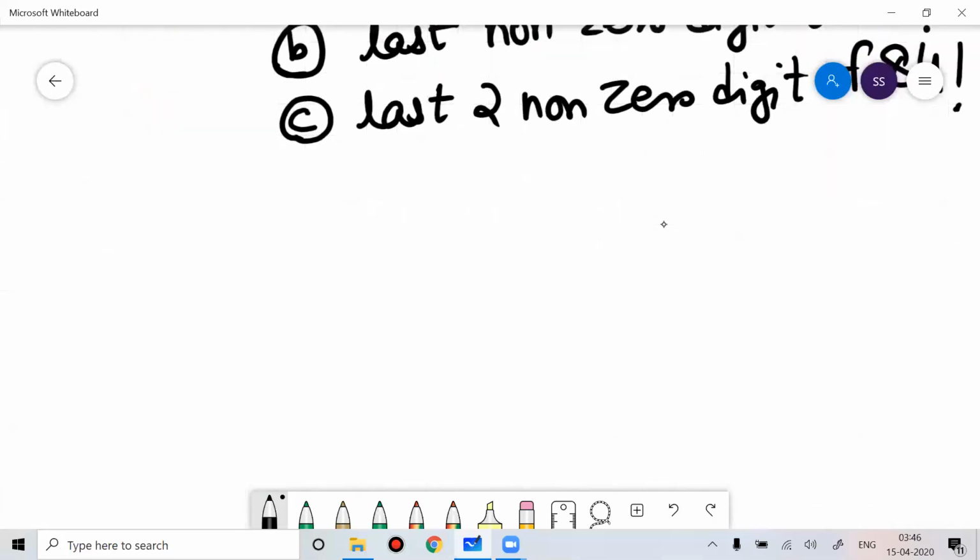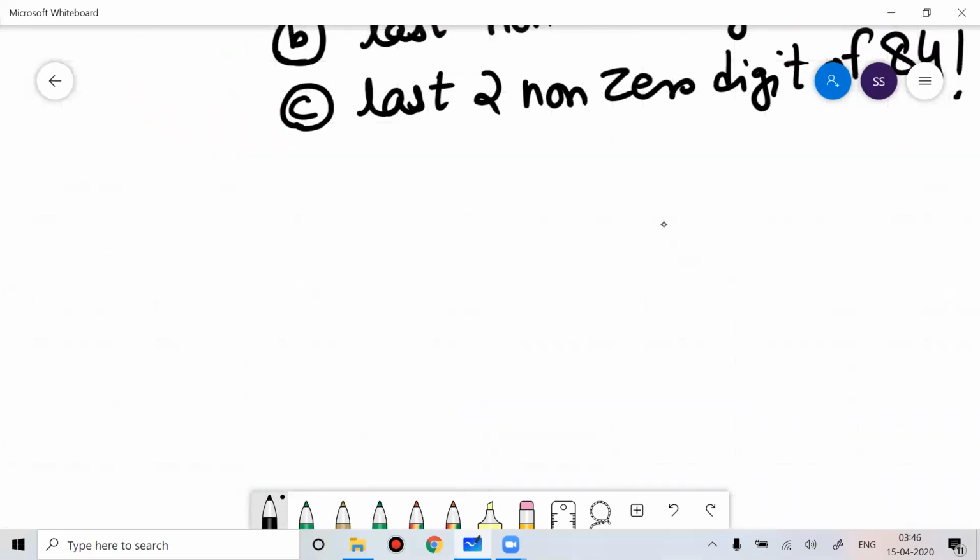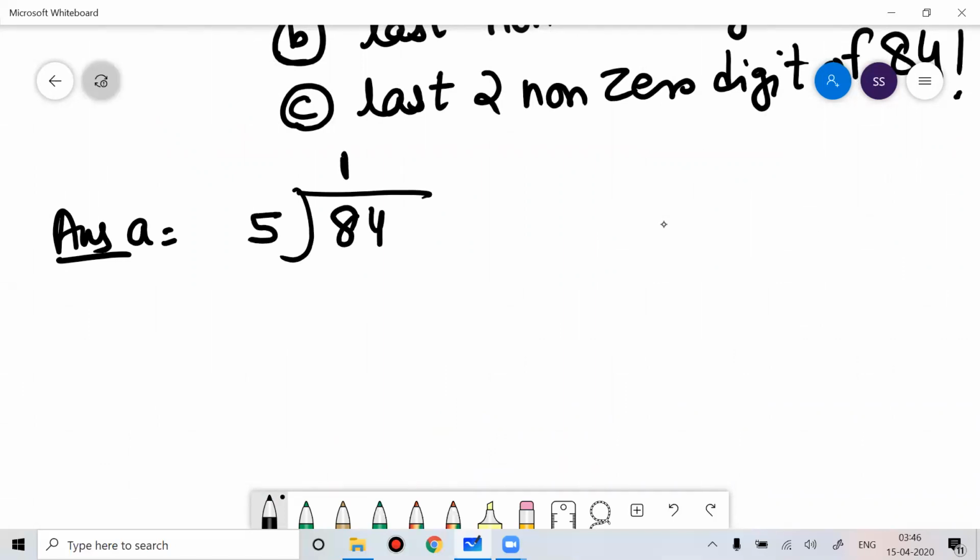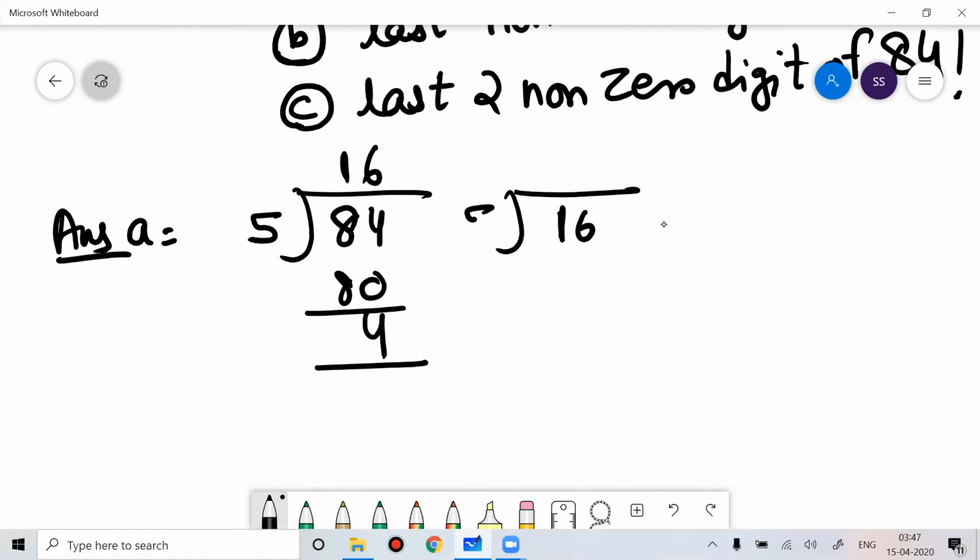Okay guys, so imagine if I solve this: 84 factorial ends with how many zeros? For that, what you need to do is divide 84 by 5. You will get the quotient, and you need not bother about the remainder. Whatever quotient you get, divide again by 5. So you will get the quotient 3.